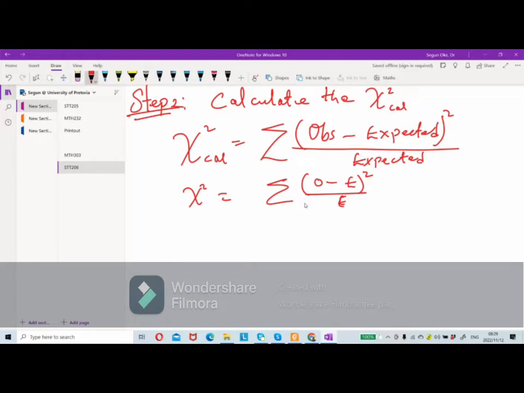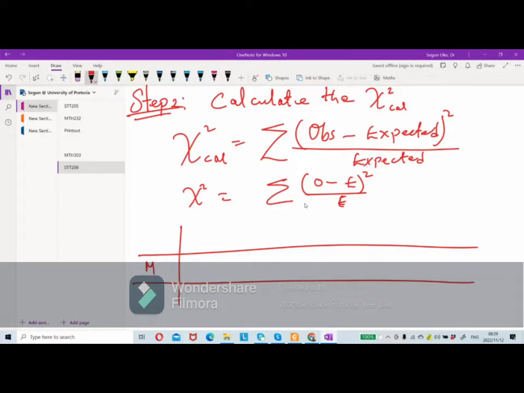We have two tables to form now. The first one is: we have male, we have female. Then we have total. Remember the first one I stated up is nothing like that.